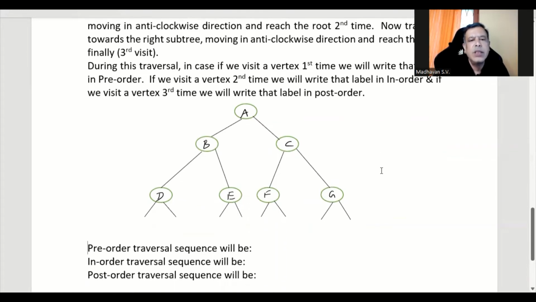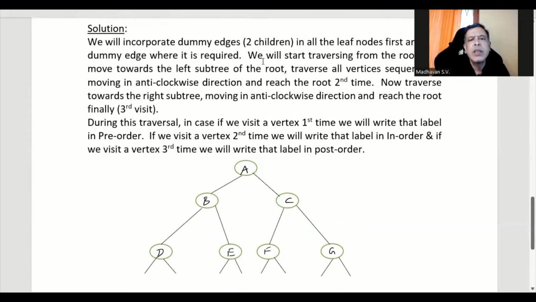Then we start from the root vertex. The methodology is written here. We start traversing from the root first, and move towards the left subtree of the root, like this.